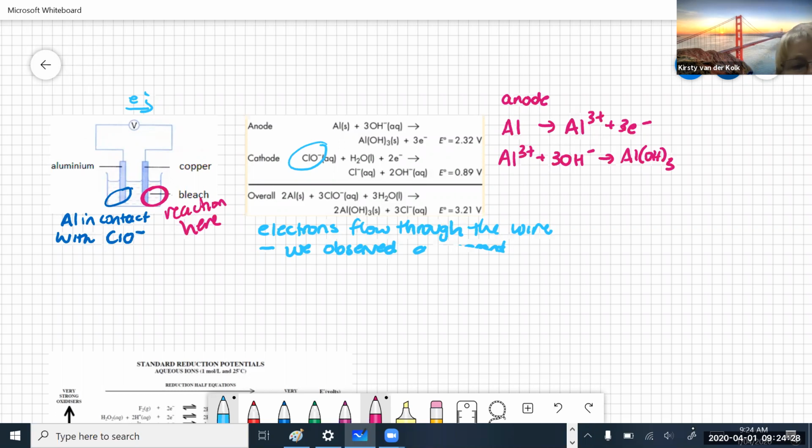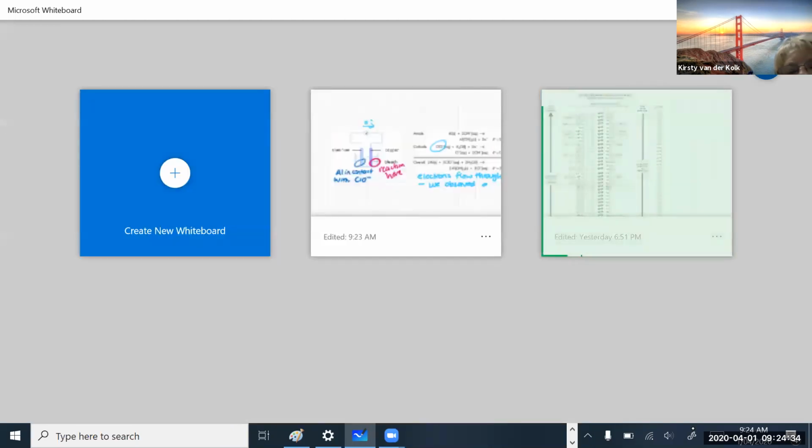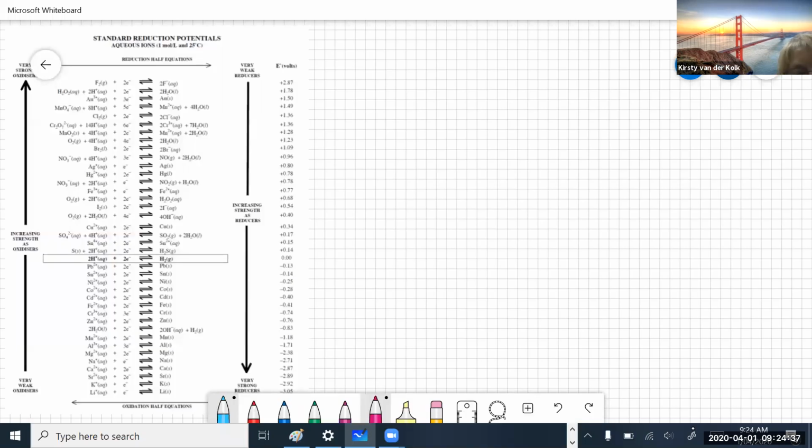All right, so I'm going to shift to a different whiteboard now. We're going to talk about spontaneity. We're going to talk about whether a reaction occurs naturally.